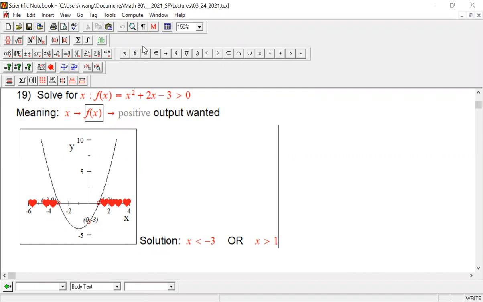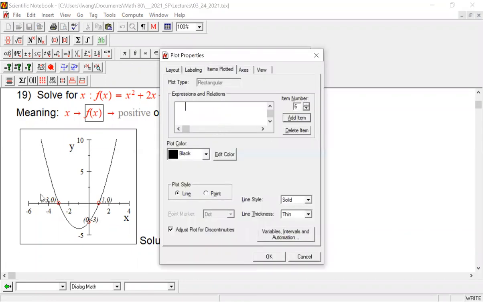So once you have that picture, do you get it? Yeah? Red, thick.